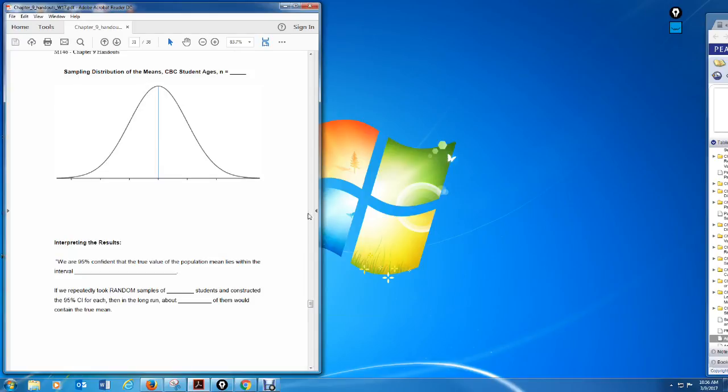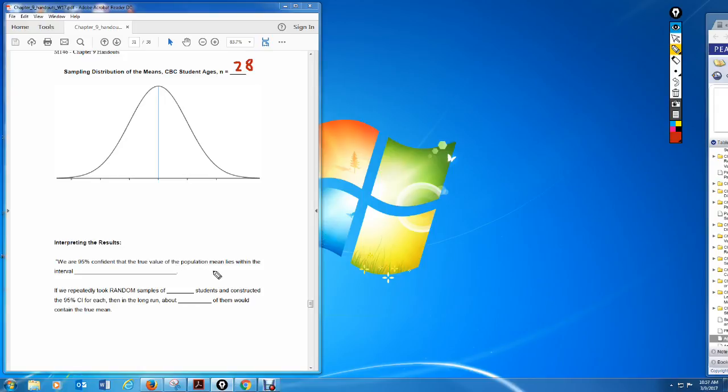So now what we need to look at is what we're comparing this against, the sampling distribution of the means, specifically for a sample size of 28. Okay. And, what do you think? Do you feel 95% confident that we captured the true population mean age of all CBC students in our interval?